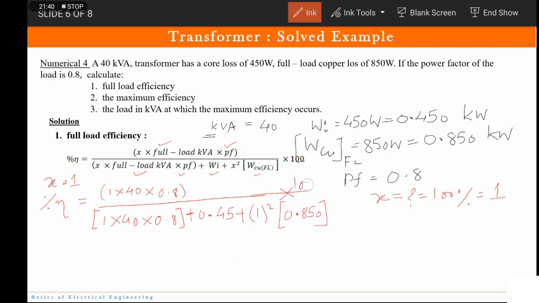Please don't forget to change the unit. So here we get the percentage efficiency after calculating this. Please pause the video and calculate the value by yourself. I have already calculated it, so it comes out to be 91.6%. So this is one answer.